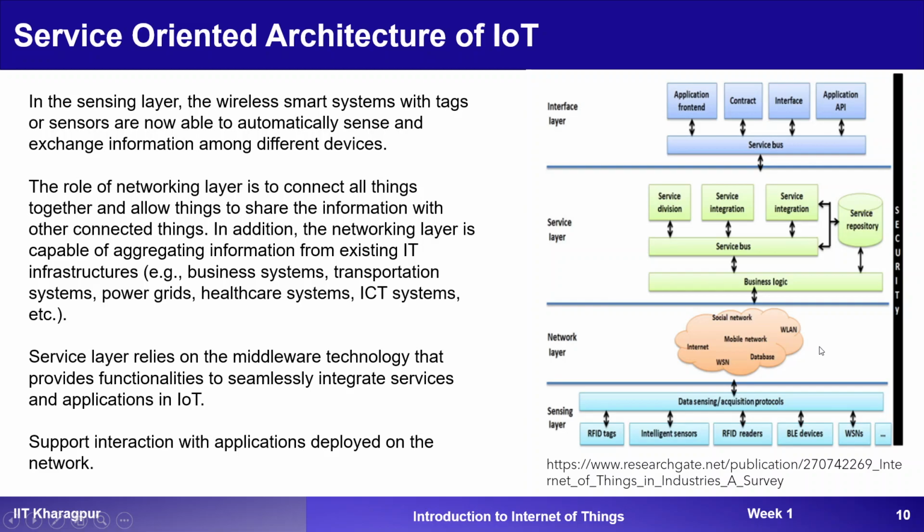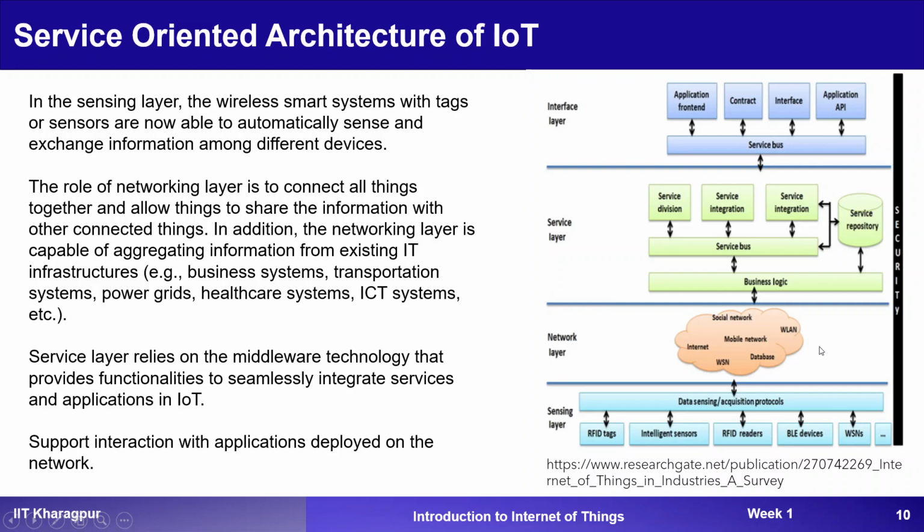This service layer is responsible for providing various services. Basically here we have a service repository which consists of various kinds of services that are available. The services can be anything. For example, it can be monitoring. We can consider an example in case of industrial monitoring processes.